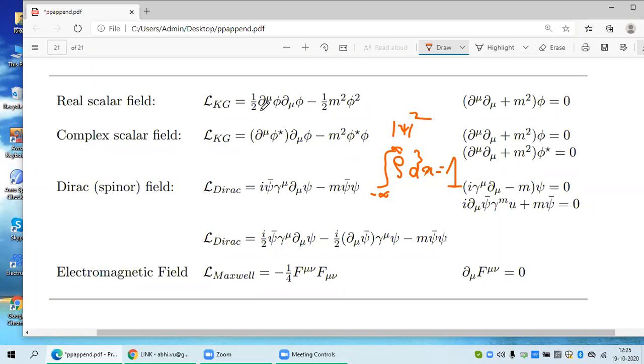For the Klein-Gordon case, you can't interpret rho that way, but for Dirac's case, you can interpret rho as psi dagger psi, if you remember clearly. So that means the probability of finding a particle in the universe is always 1. Now this is one of the basic postulates of quantum mechanics.